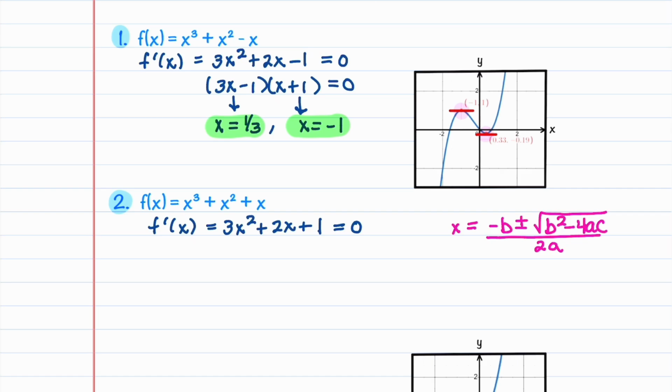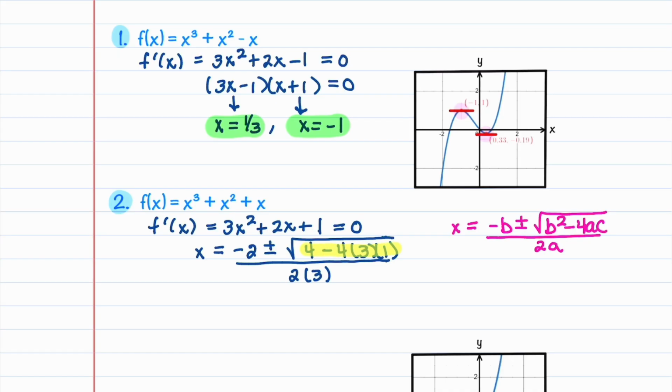Let's see what this gives us. X is equal to negative b, so that's -2, plus or minus the square root of b squared, so that's 2 squared, so that's 4, minus 4 times a, which is 3, times c, which is 1, all divided by 2 times a, which is 3.